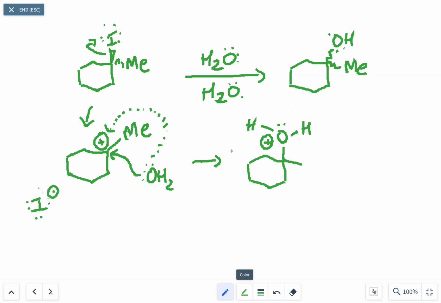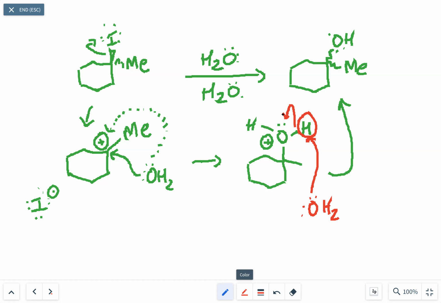So there's actually another intermediate in this reaction here before we get to our final product. The last step, all we are doing is we just need to remove one of these protons, right? So another water molecule is just going to come along, and this is purely a proton transfer reaction.